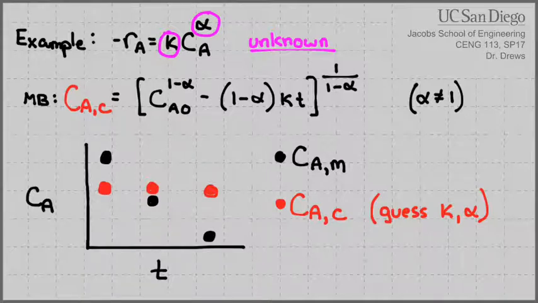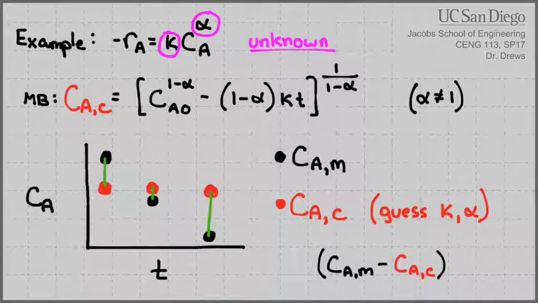So we can calculate the differences between each one of those dots. So if I calculate C sub A measured, and I compare that to C sub A calculated, and then I sum those up over all of my data points.